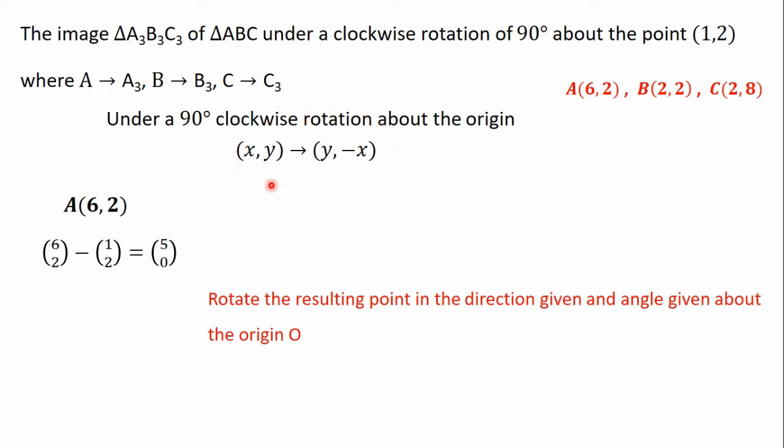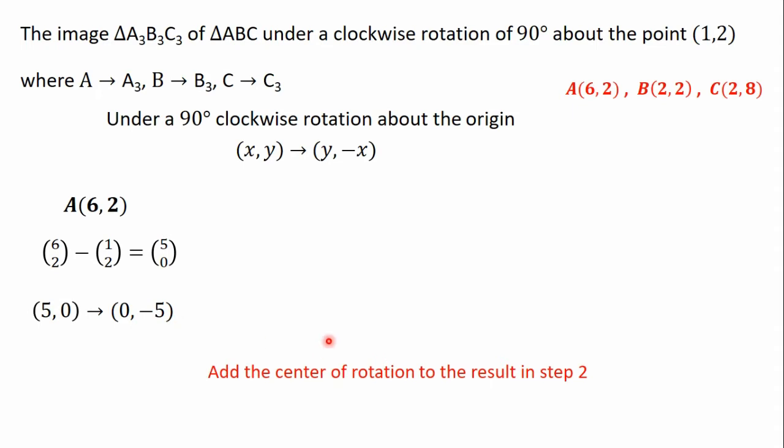We have learned that when we rotate a point 90 degrees in the clockwise direction about the origin, the rule is (x, y) maps to (y, -x). Using this rule, when we rotate the point (5, 0), we are going to get the image (0, -5).